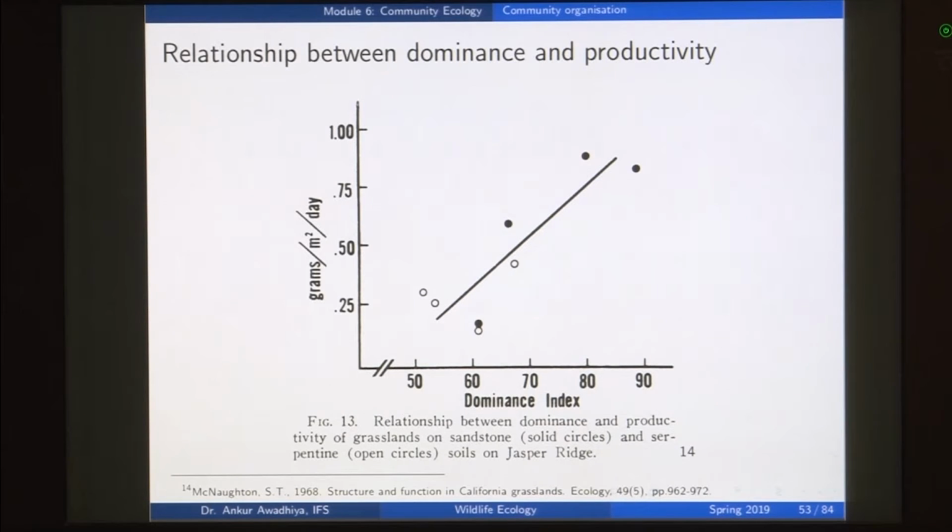So, those communities which have some dominant species will be able to have a much higher level of productivity as compared to those communities that do not have a dominant species.